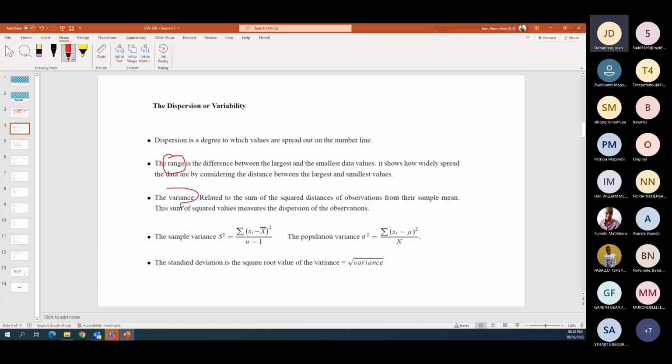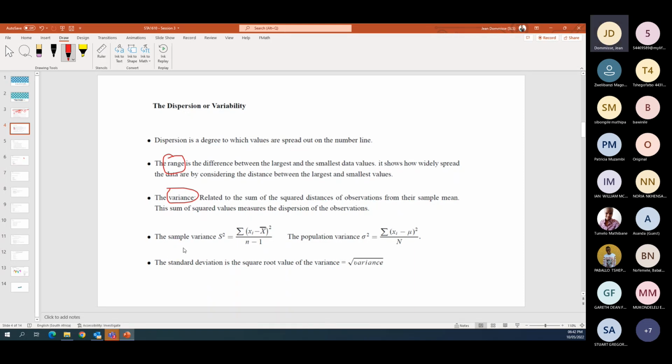We want to see the variance, which basically tells us how each number differs from the mean. So if the mean was 28 and there are numbers around it, it works out how the numbers differ from the mean.